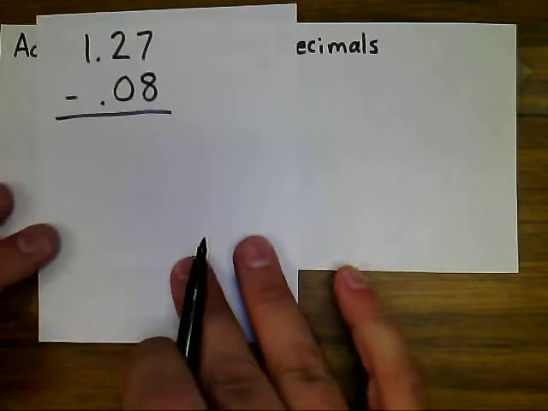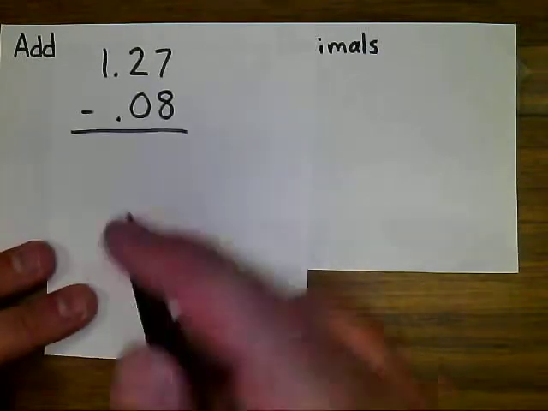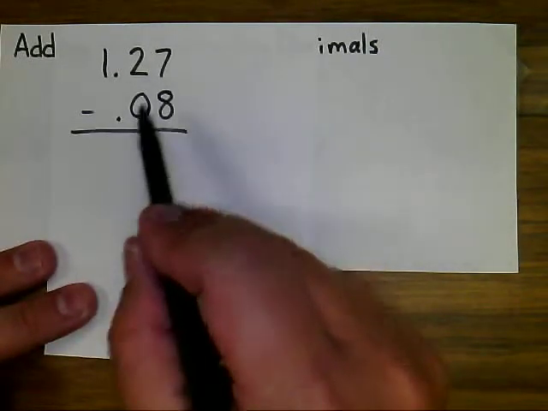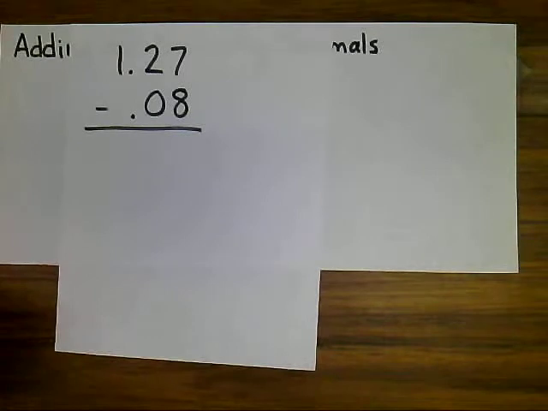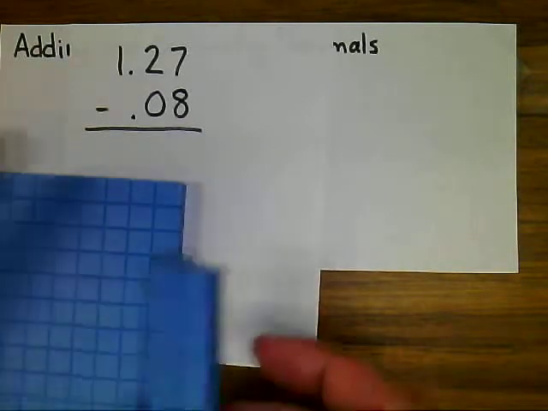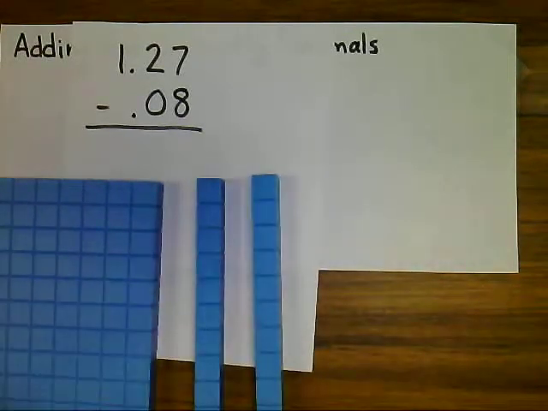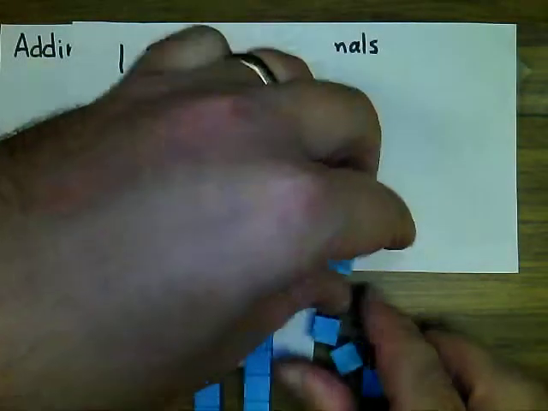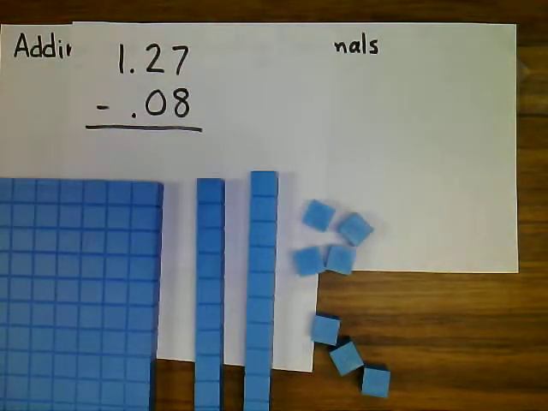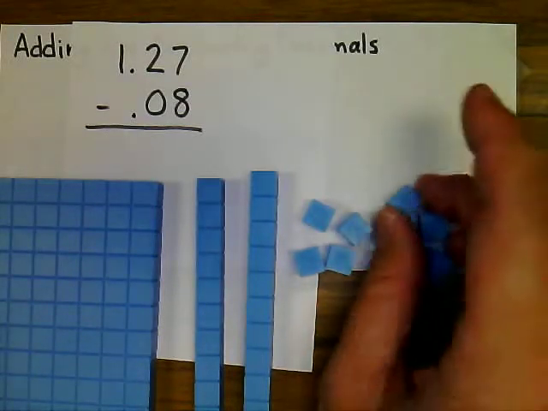Now this example shows that we are subtracting 1 and 27 hundredths minus 8 hundredths. I think it'd be worthwhile to show an example to show exactly what it is that's being subtracted. So here's 1 and 27 hundredths. Now as I go to subtract 8 hundredths, I don't have enough because I only have 7 here.